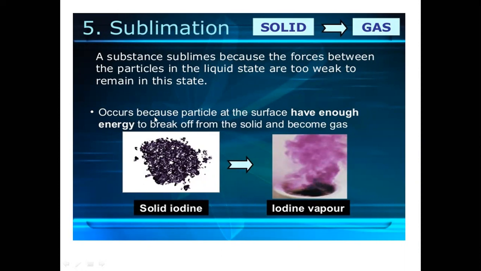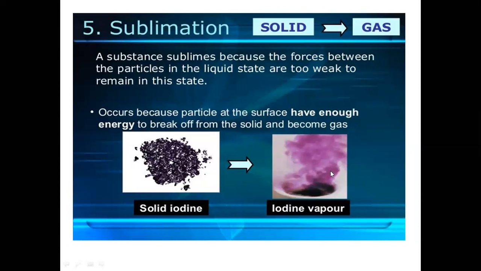Now, sublimation occurs because the particles at the surface have enough energy to break away from the solid to become a gas. So remember, we said that in any substance at all the particles do not have the same amount of kinetic energy. There are some particles that have high kinetic energy, some that have medium, and some that have low kinetic energy. It so happens that in some solids, the kinetic energy of the high-energy particles is so high that they can actually escape and change into the gaseous state directly.